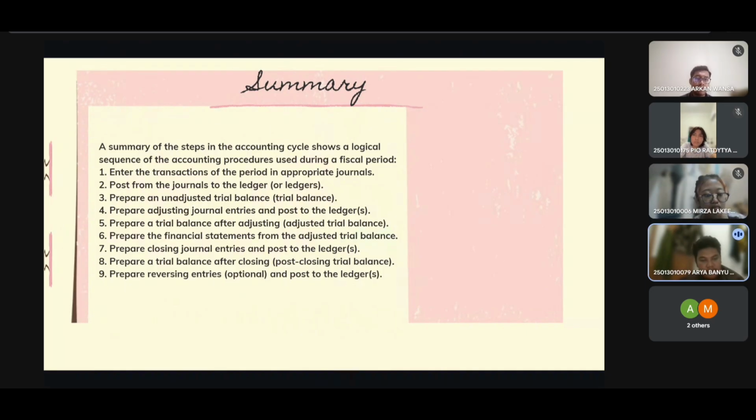For the optional process, we prepare the reversing entry. Next will be presented by my friend.